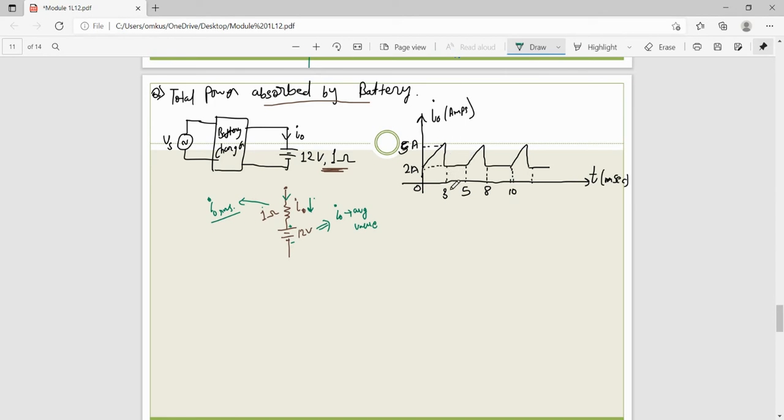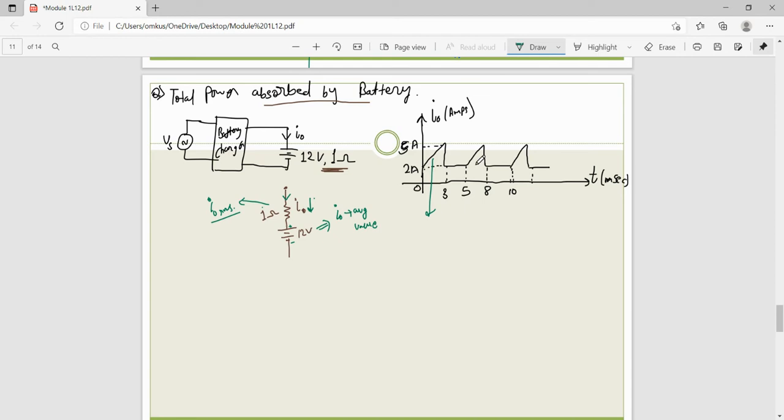Now, in a similar way, you need to write the equation of that expression. What is the equation for this? Yes, write the expression for this. When you write the expression for 0 to 3 second, first of all, what is the time period?